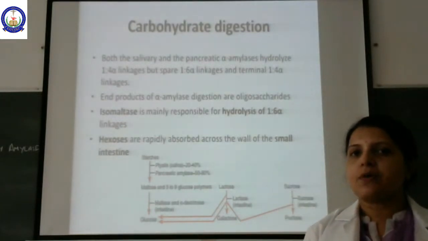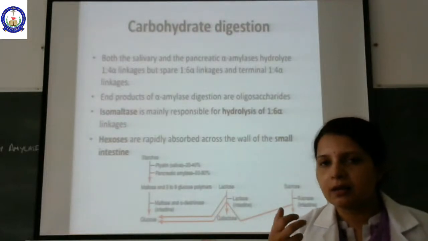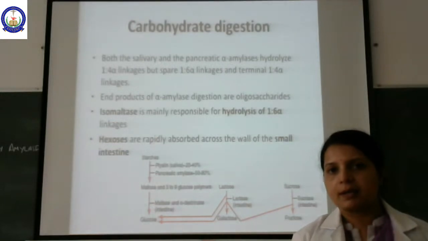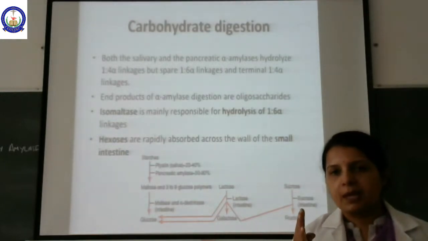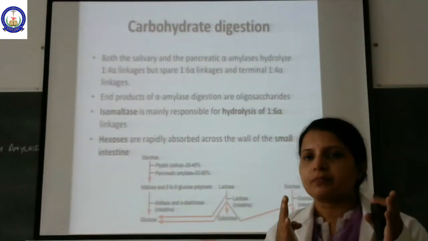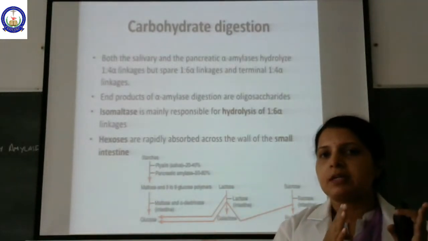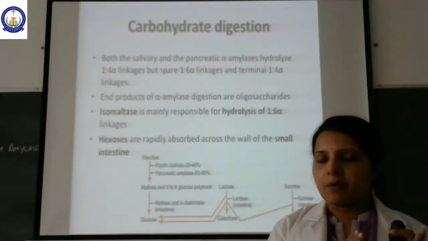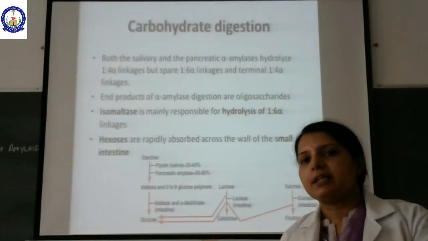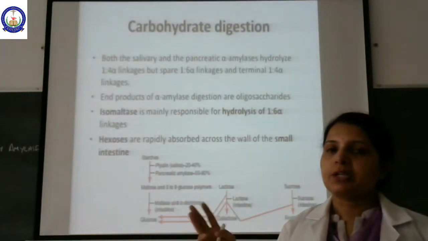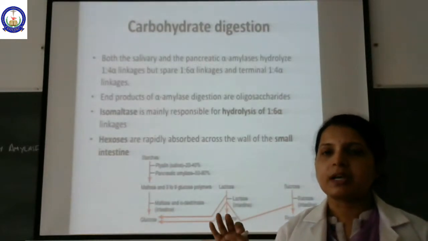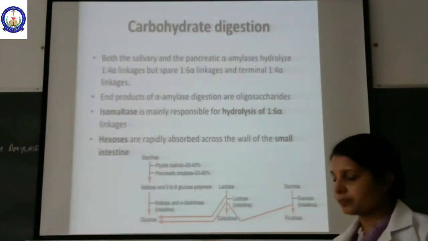Only these forms will be taken up by the intestinal epithelial cells, that means they will be absorbed directly by the intestinal cells. So the main aim of the digestive system is to break down polysaccharides into disaccharides or oligosaccharides, and finally to monosaccharides, especially the three important ones: glucose, fructose, and galactose.